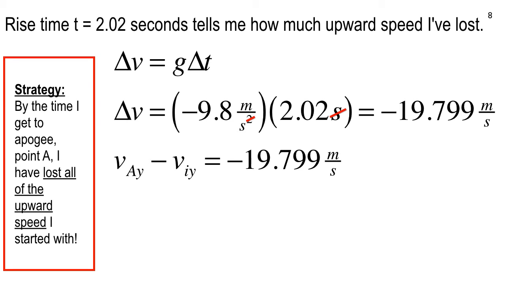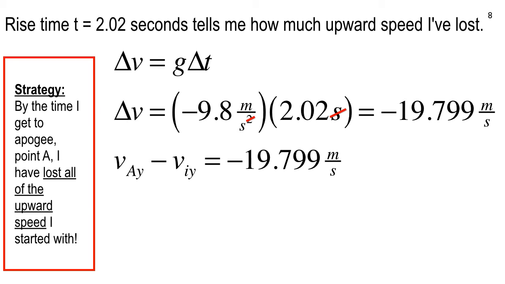I'm not finished with my calculation, so I'm keeping a few extra digits, more than I normally do. We're going to round off towards the end, but not yet. Now, this quantity over here is the endpoint quantity for point A. Normally I use the letter F there for final, but here we've got a letter to denote that point. But over here, V I Y is the initial y component of the velocity.